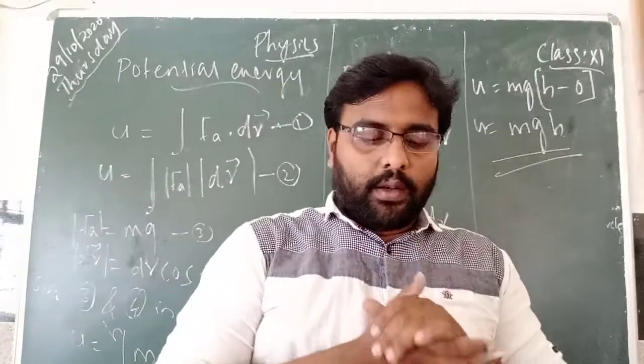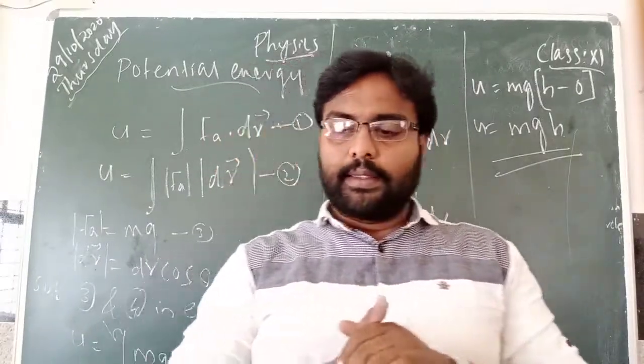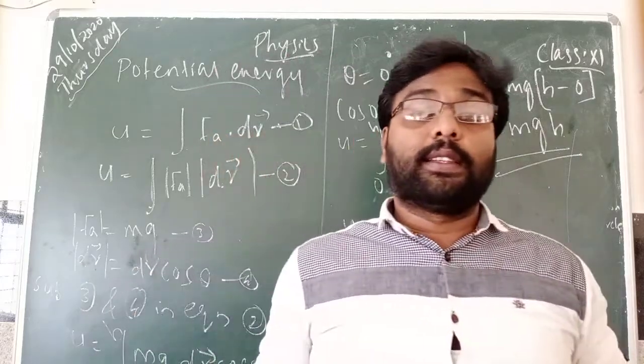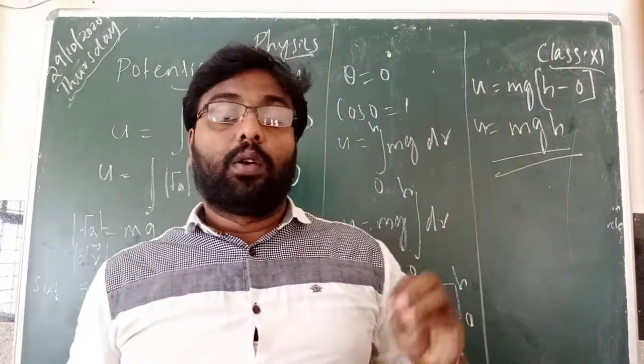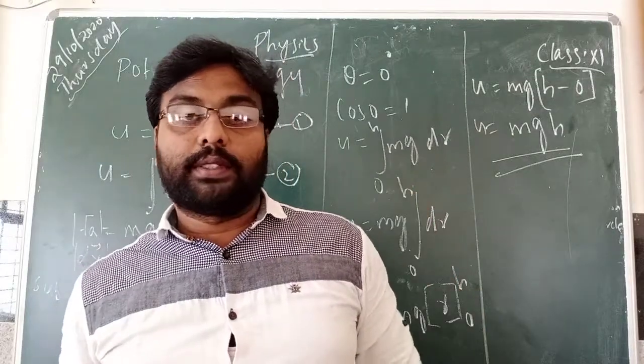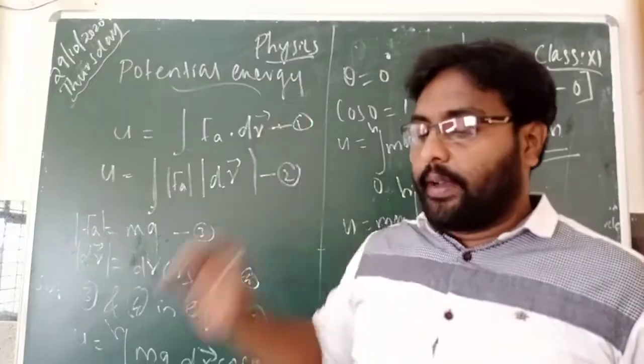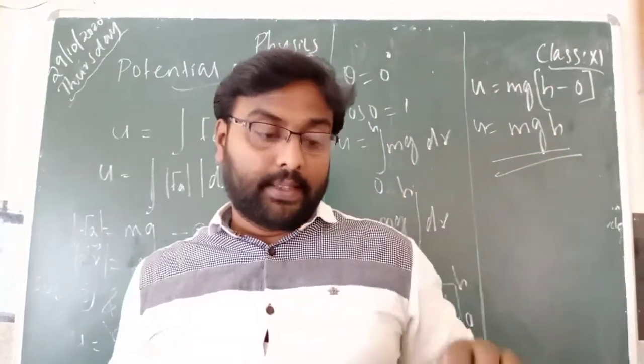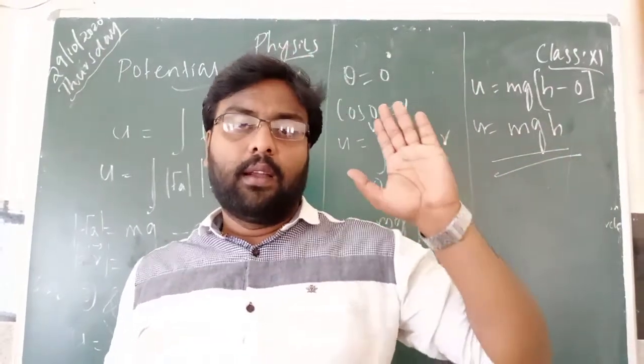You can refer to page numbers 176 and 177. This potential energy derivation is there, one of the important 5-mark questions. So again listen here. First you have to write, on page number 176, the potential energy definition.